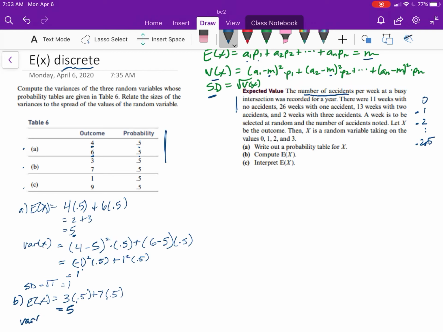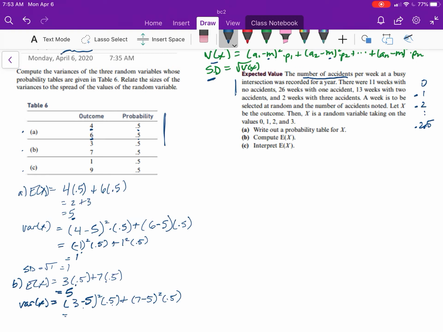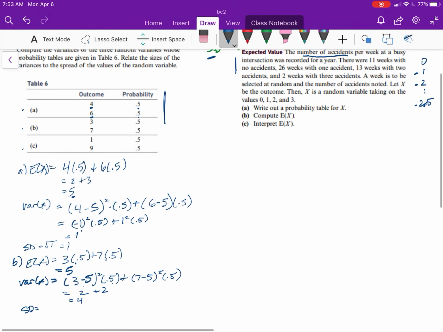Okay, the variance: we do 3 minus 5 squared, whoops, not negative 3, just 3, multiplied by 0.5, plus 7 minus 5 squared multiplied by 0.5. 2 squared is 4 times a half is 2. 2 squared is 4 times a half is 2. So we get 4, and therefore the standard deviation, again I know it's not asking for it, is the square root of that. We get 2.